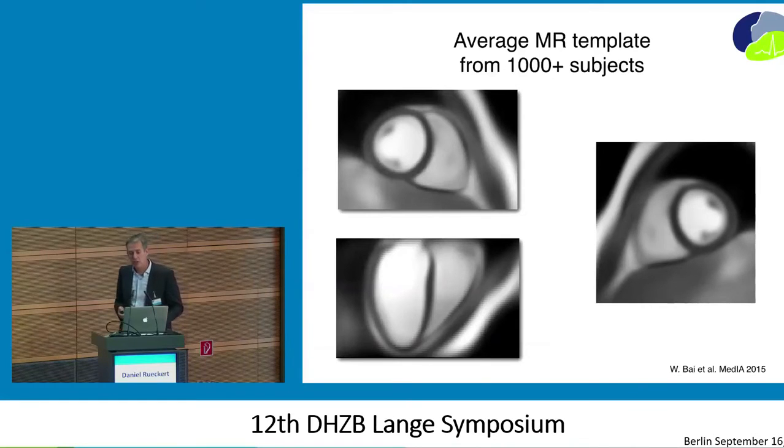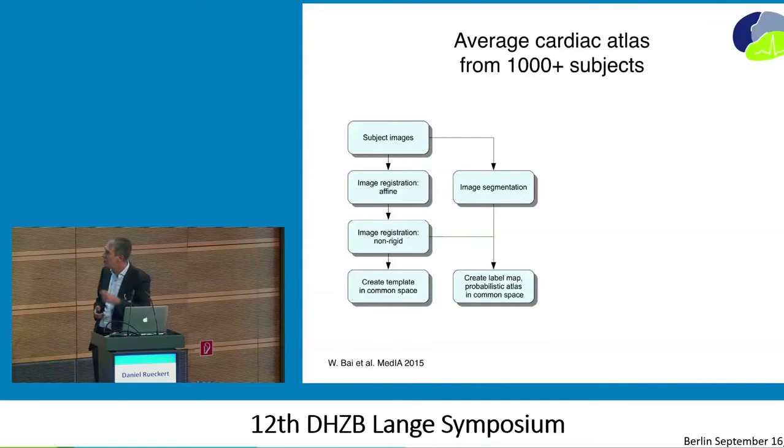And of course, we can also do this in a dynamic fashion. So we don't have to restrict ourselves to just a static model of the heart. And by the way, these data sets are all publicly available, so if you want to use them, you can download these. As I said before, if we add a segmentation component in, we have an LV mesh, an RV mesh, a myocardial mesh for every subject.